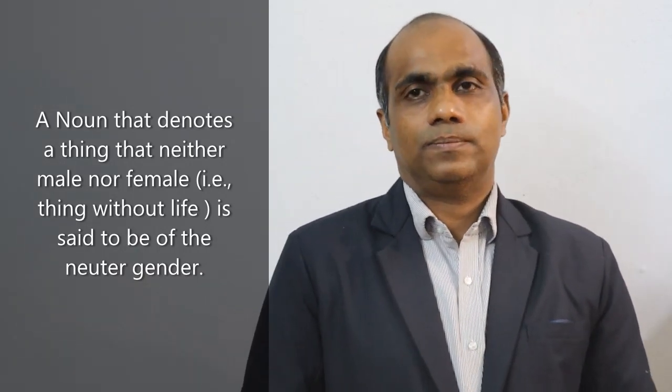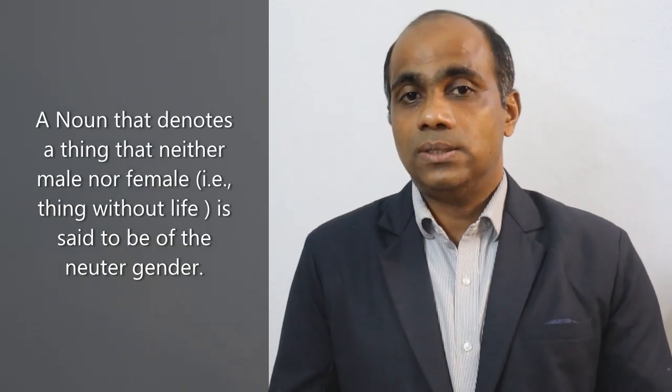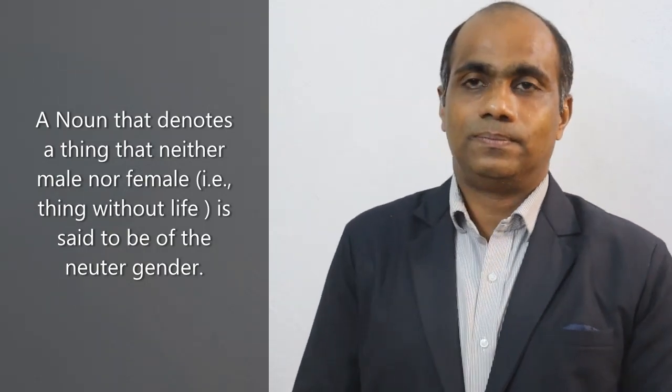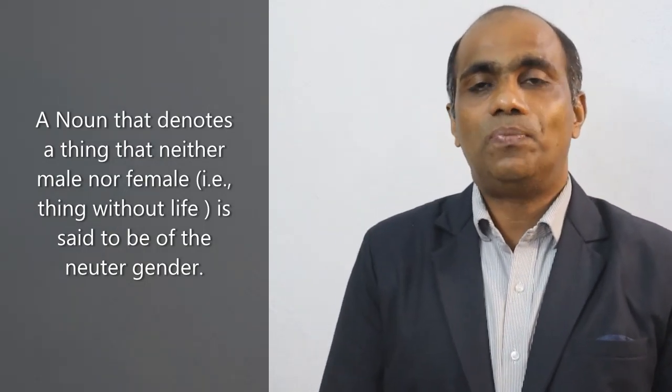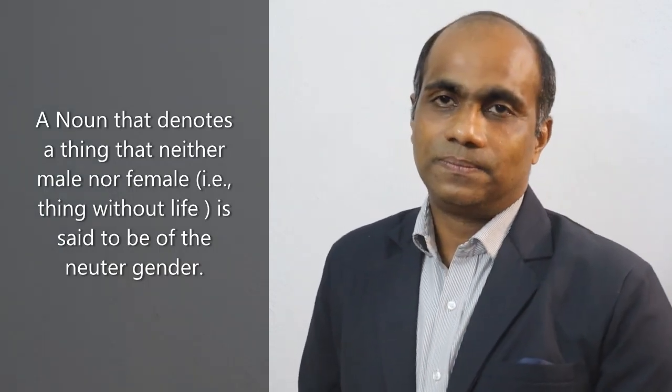Now the fourth one here, neuter gender. A noun that denotes a thing that is neither male nor female, that is, a thing without life, is said to be of the neuter gender.